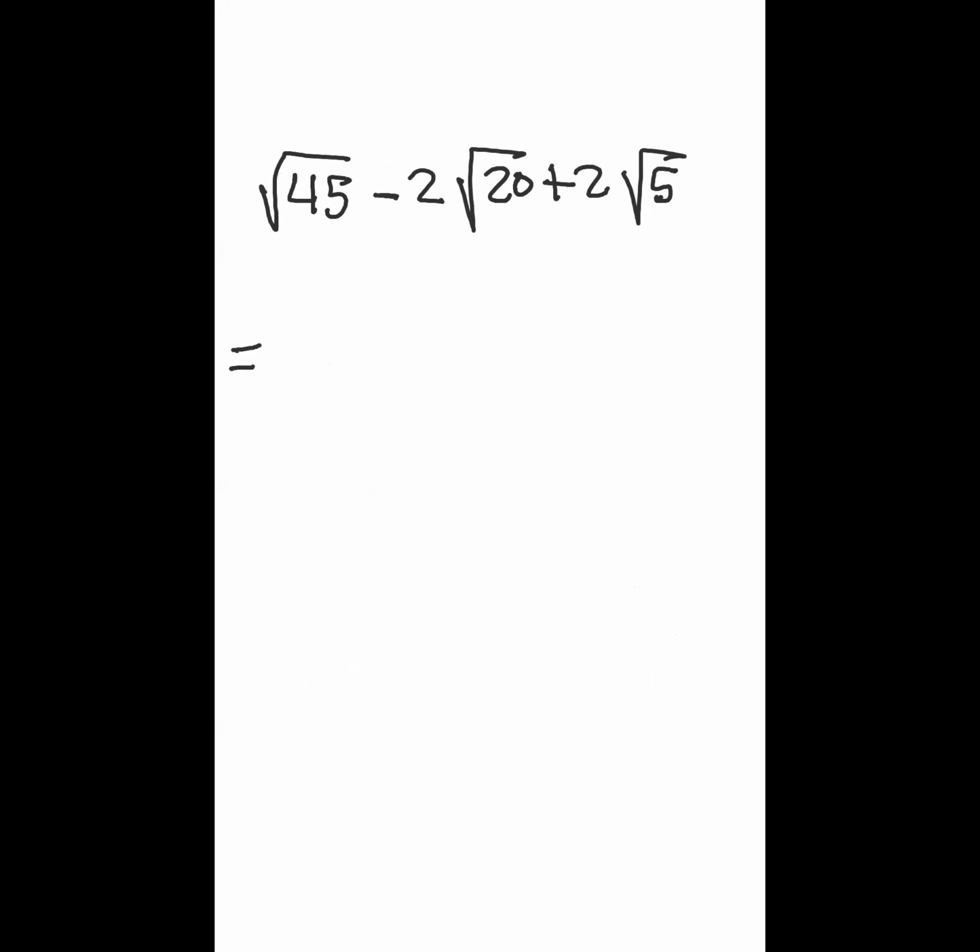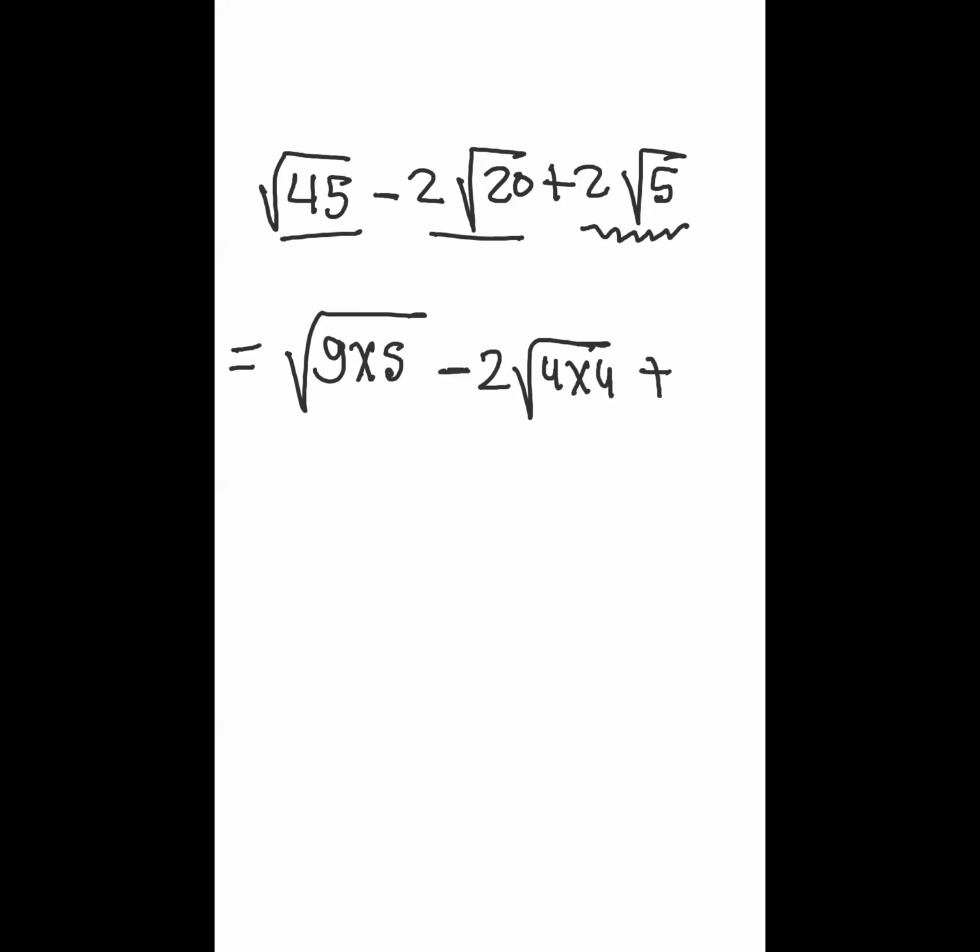In some cases, I have to look for the smaller one, which is square root of 5. So I have to consider that there will be square root of 5 in all terms. So square root of 45 equals the square root of 9 times 5, minus 2 square root of 4 times 5, plus 2 square root of 5.